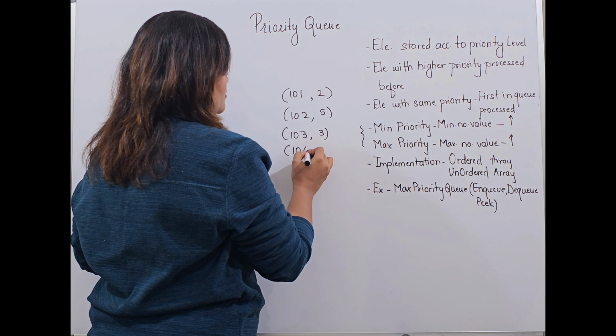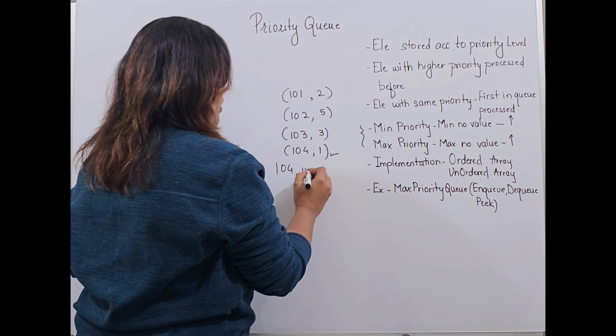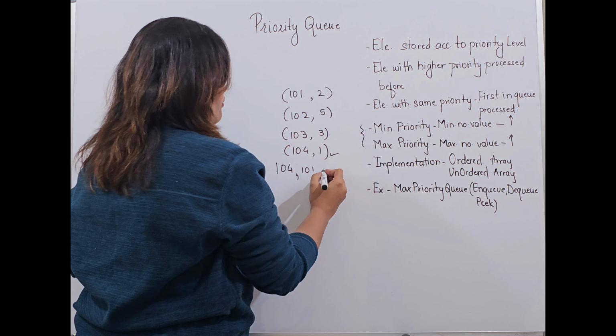Then it goes to the second value, that is 101. The next values would be 103 and 102. So the values would be processed in the sequence 104, then 101, then 103, and then 102 if we are following minimum priority.